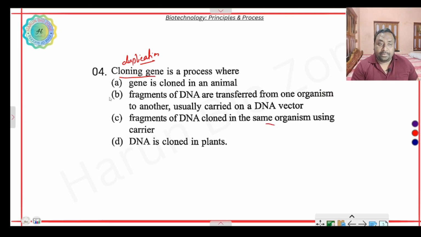Here the fragment of DNA is transferred from one organism to another, usually carried on a DNA vector. This is a DNA vector and this is a foreign DNA particle. This recombinant DNA is transferred to another host, the target organism, to change the phenotype of that organism.